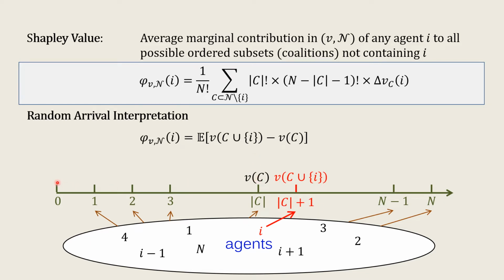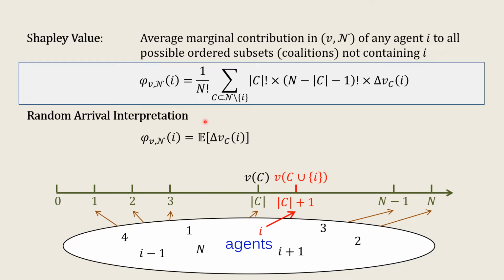Now I've replaced the coalition with the values of the coalition. This is the value of the coalition C at this time instance, and at the next time instance, the value of the coalition is V(C ∪ {i}). The difference, V(C ∪ {i}) − V(C), is equal to the marginal payoff of agent i in this particular sequence.